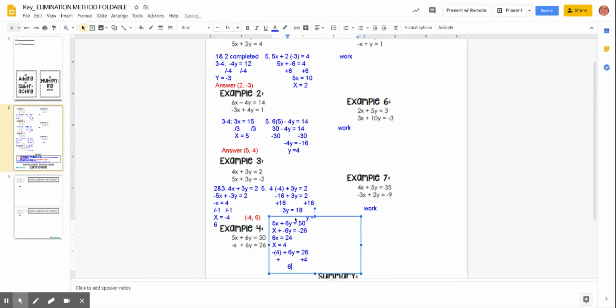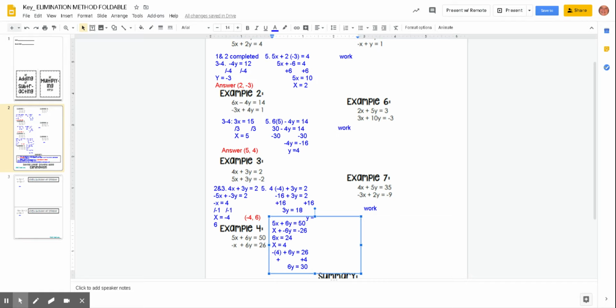And I wind up with 6y equals 26 minus 4 is 22. Am I doing that right? So I found 6x equals 24, x equals 4. Putting in for x, so negative 4 plus 6y equals 26. Oh, if I add 4, right? Sorry, adding 4, so 26 plus 4, whoa, is 30.